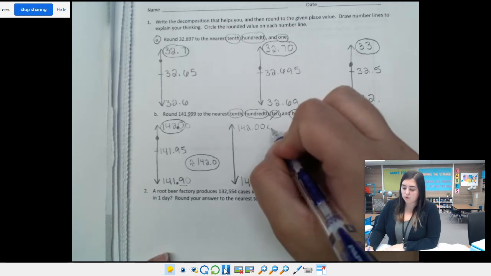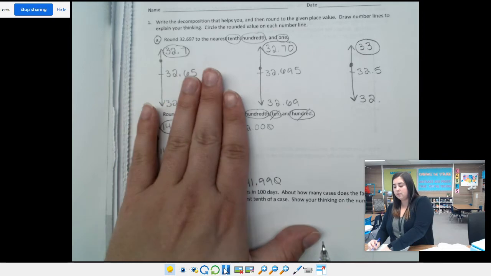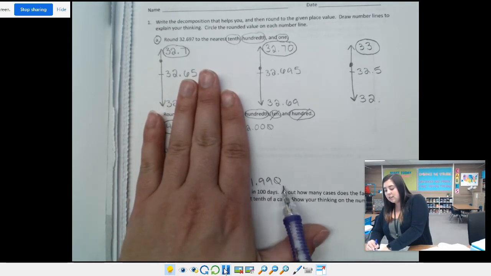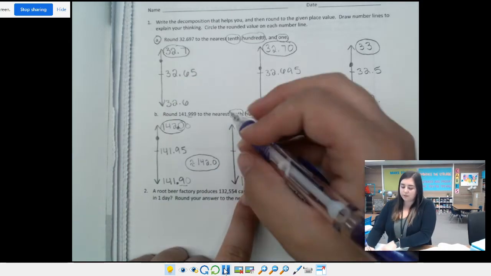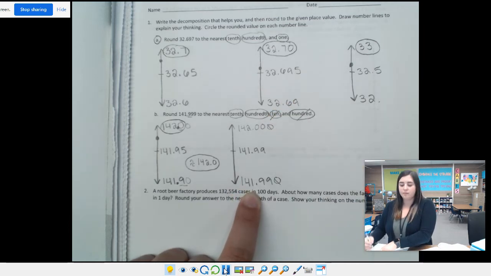If it helps you to draw a 0 and figure out what's in between, I'm going to look at the last four, 1,990 and 2,000. You could do that. Or I'm just going to write this number here, 141.99. Add a 5.